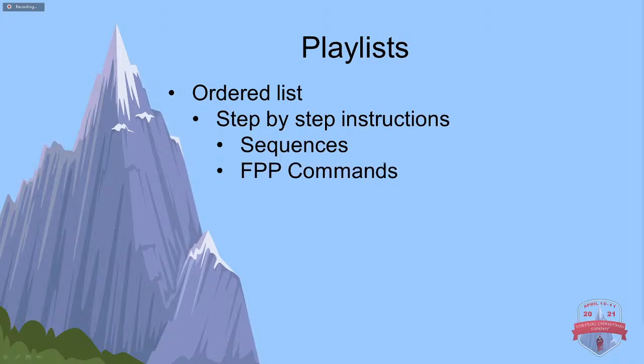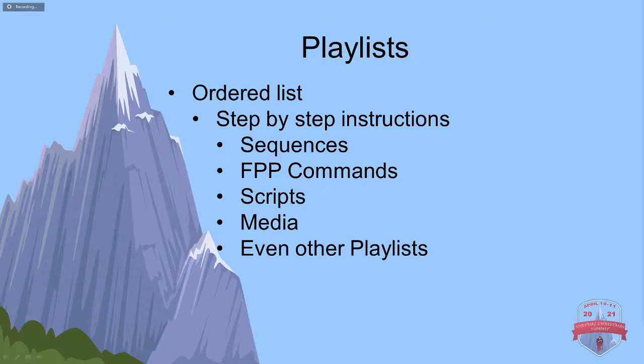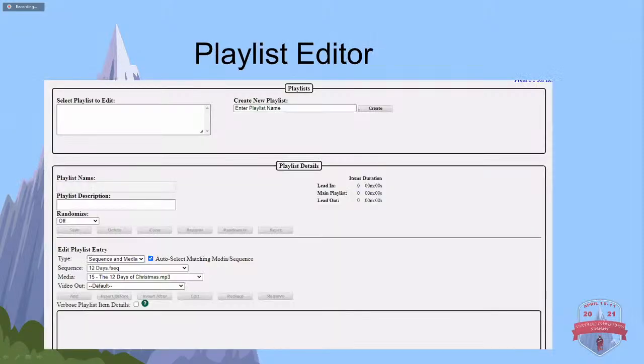But you're not limited to just that. You can have an FPP command, and we'll go into that in a little bit. They're very powerful and create a lot of versatility. You can have a script inside the playlist to perform some more advanced functionality in your show. You can just play media, video or audio files as a playlist item. You can even have a playlist within a playlist, and I'll go into that a little bit.